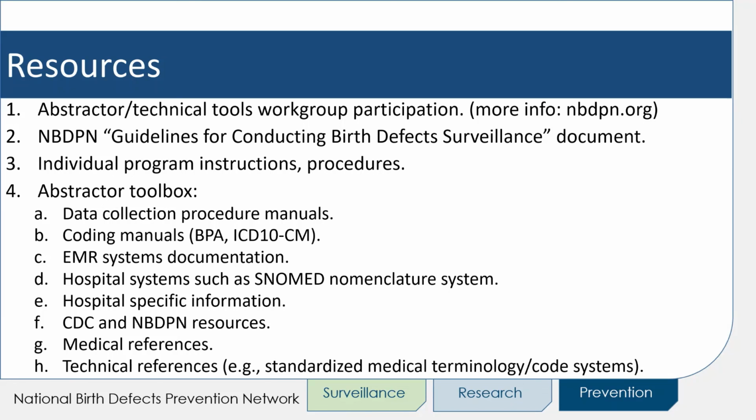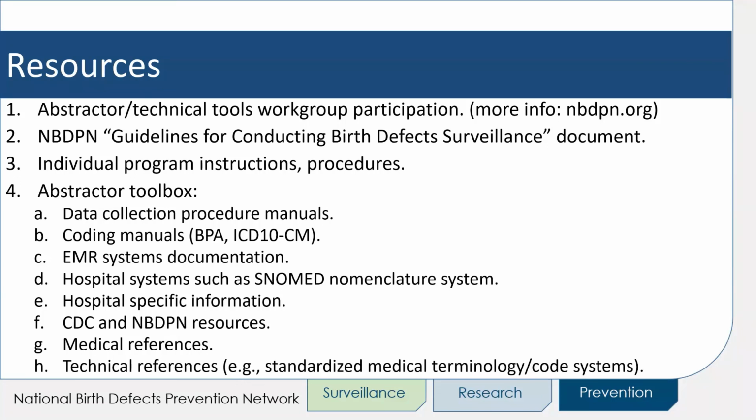Next, here is a list of resources to keep in your abstractor's toolbox. Data collection procedure manuals. Coding manuals such as BPA and ICD-10 CM codes. EMR systems documentation. Hospital systems such as SNOMED nomenclature system.